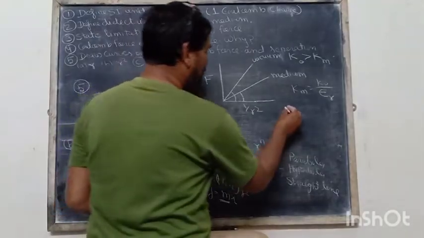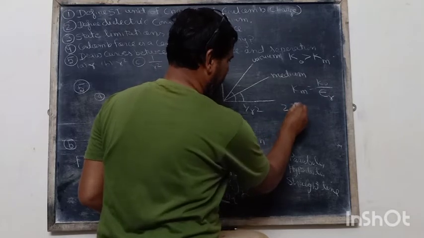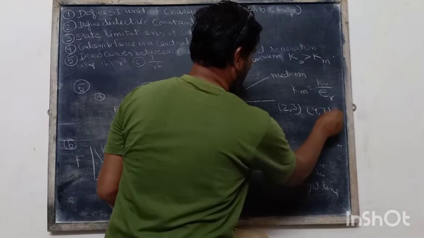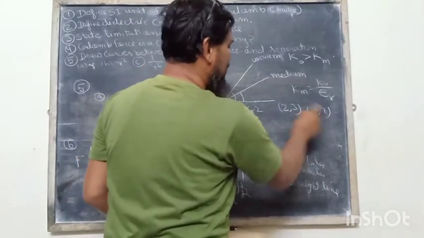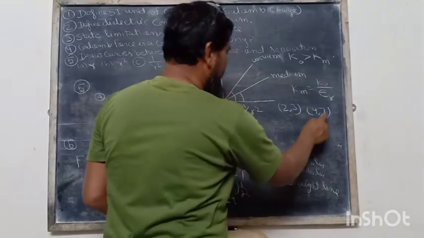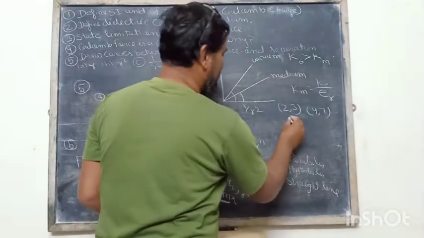And if we take the products of charges, for 2 and 3, and we can take the example 4 and 7. The product of these two charges is 6, and the product of these two charges is 28. So this product is greater, so the slope of this curve will be greater and the slope of this curve will be smaller.